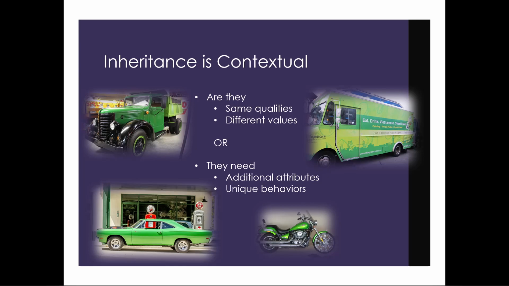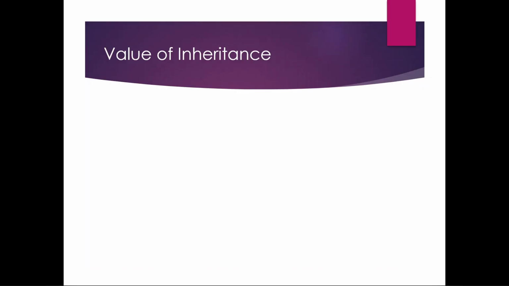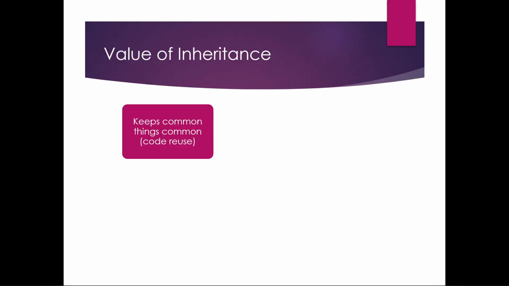But the important thing to remember is that the value of inheritance here is I want to keep common things common. Don't create additional classes unless you are finding new code that doesn't apply to everybody else. But at the same time, don't reuse things just simply to reduce the amount of code you have. If it's not truly common, then don't make it common.